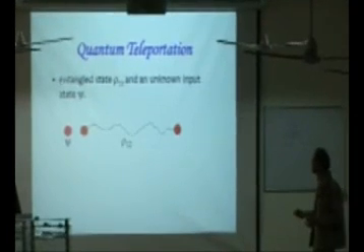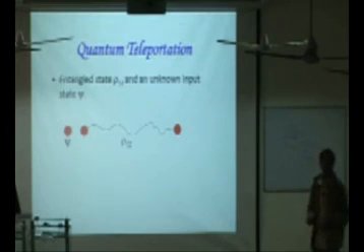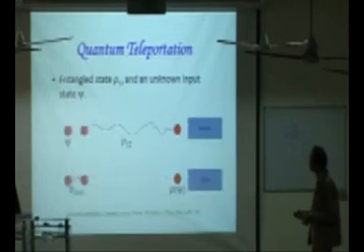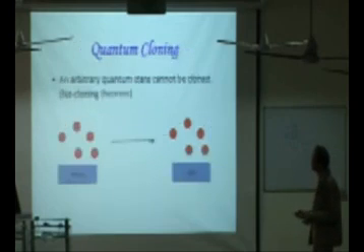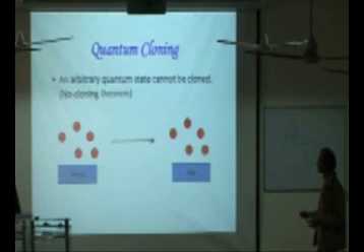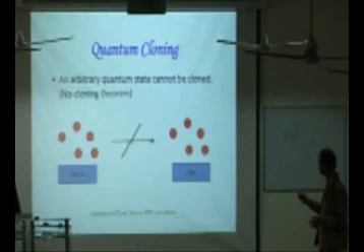So in quantum teleportation, you want to send a particle from here to there, and in quantum cloning, you want to prepare copies of a given state. So you have a given state and you want to prepare many copies. And this quantum cloning is known to be not possible. So this was shown by many people, including Wootters and Zurek.